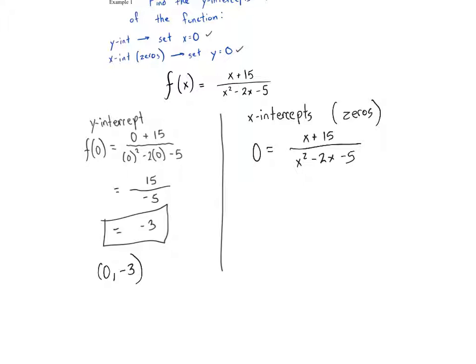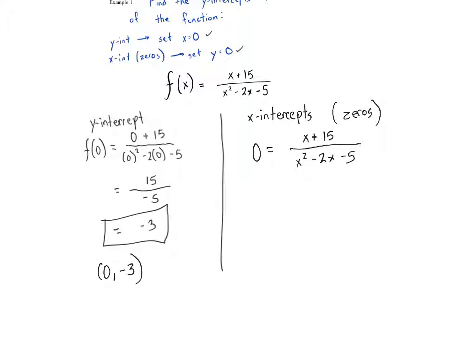Right now it's very complicated because it's a fraction, it's a rational function. So it's hard. But here's what happens. Something that happens is the denominator totally disappears.